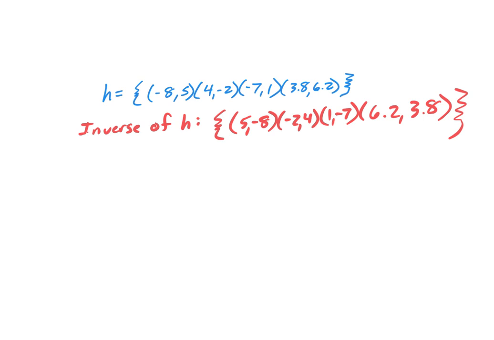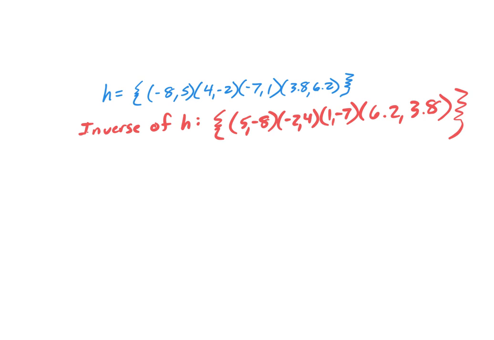Now, one of the things that we're going to talk about a little bit today is, is the original a function? How would we determine if this here is a function? Yeah, none of the x values are the same. All the x values are different, so that means this would be a function, okay? And that's what we're going to be talking about today is functions. So the same thing here, right?